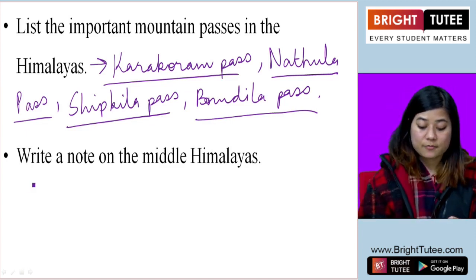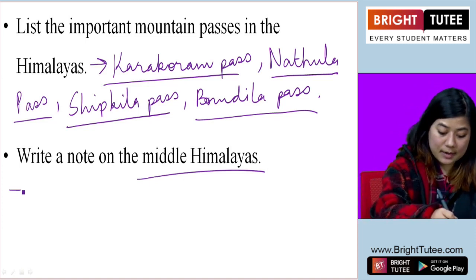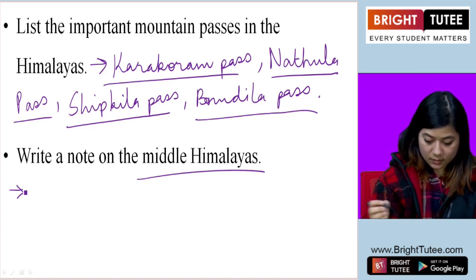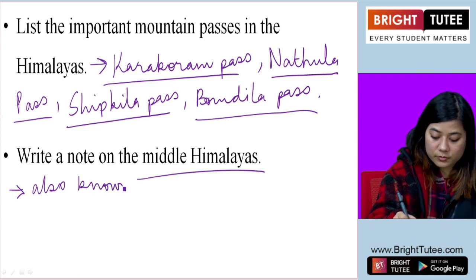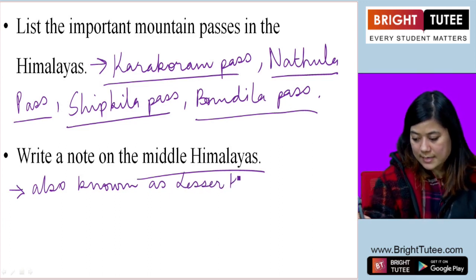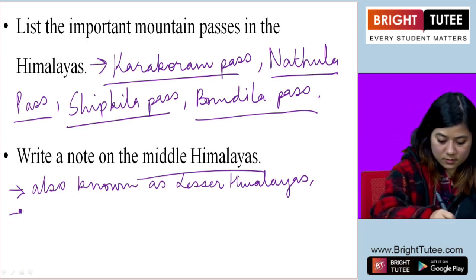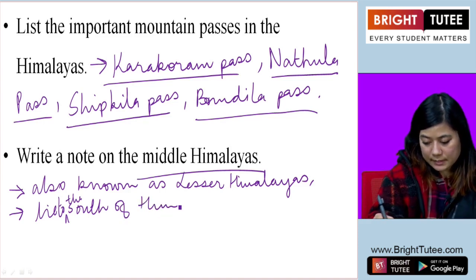The next one, write a short note on the Middle Himalayas. So the Middle Himalayas are also known as Lesser Himalayas, and they lie to the south of Himadri.